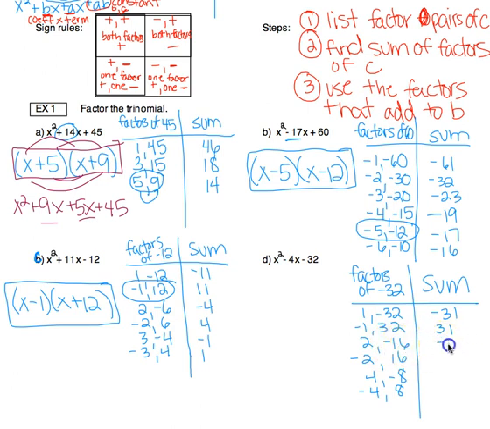This would give me negative 14, positive 14, negative 4, and positive 4. So my middle coefficient, the x coefficient, is negative 4. So I want this guy. These are my winning factors. So one of my binomials is x plus 4. The other one is x minus 8.